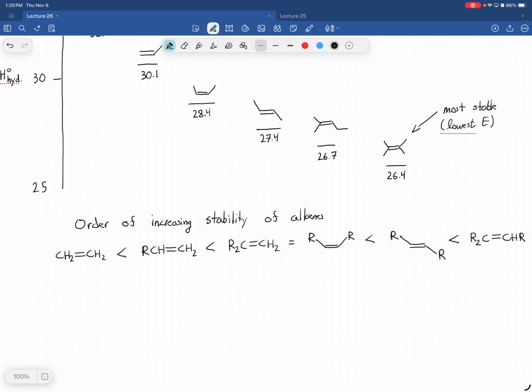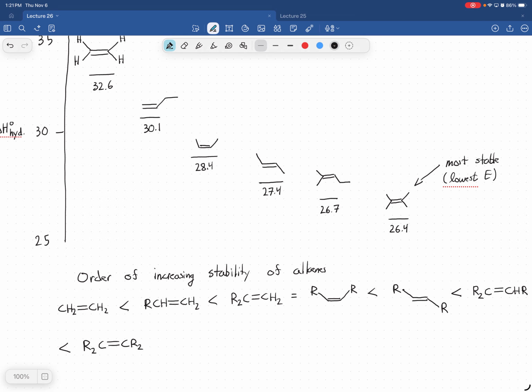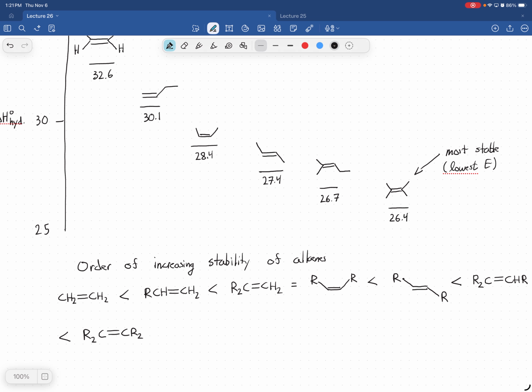All right, and then the most stable one is when you have the tetrasubstituted alkene right here. All right, so we kind of just mapped out what that graph was telling us. Okay, so any questions about the stability, like why more substituted is stable? Any questions? So that's the trend we see here.